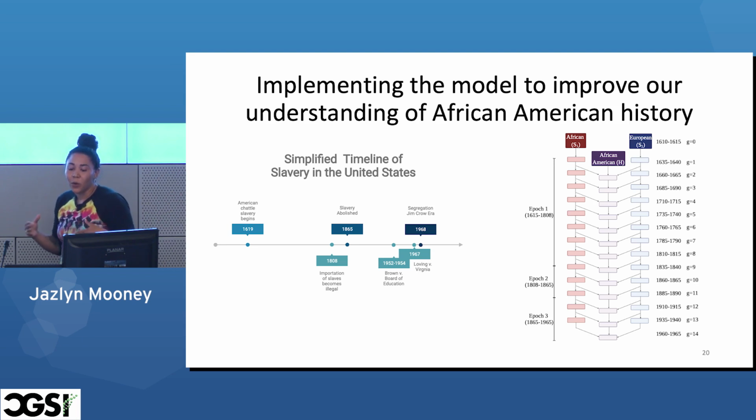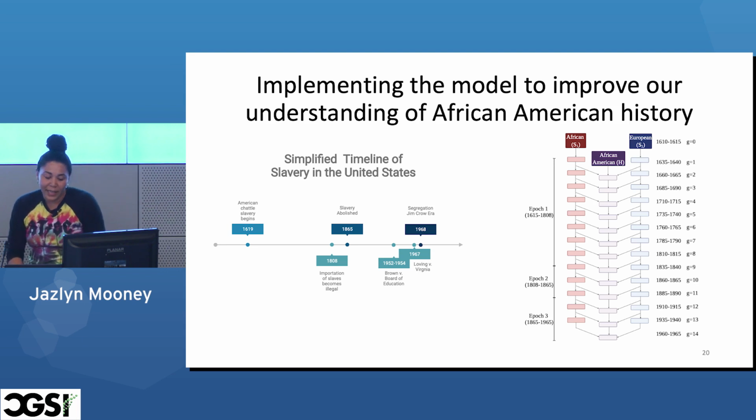into periods or epochs. So there's 3 epochs, and epoch 1 is encapsulating right early slavery in 1619 all the way through the time when the importation of slaves became illegal. So this is 1808. And then the second period is encapsulating 1808 to 1865. So this is when slavery becomes illegal. And then our last period is going from 1865 until the present.